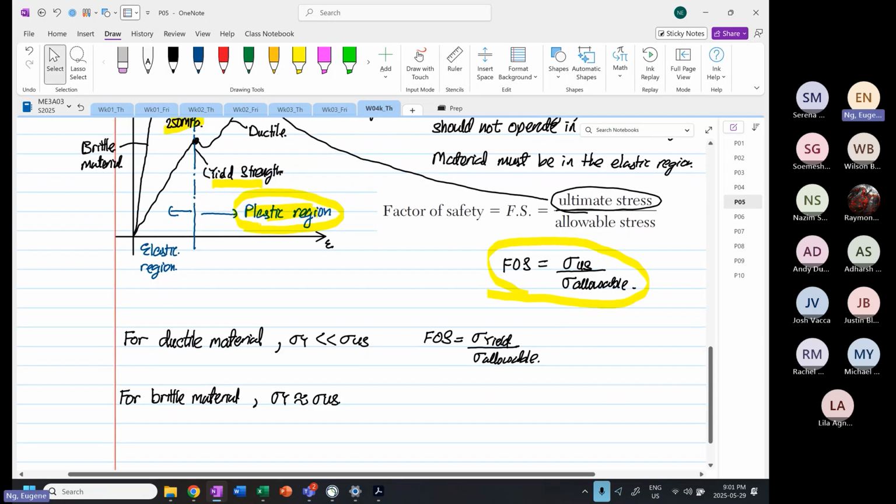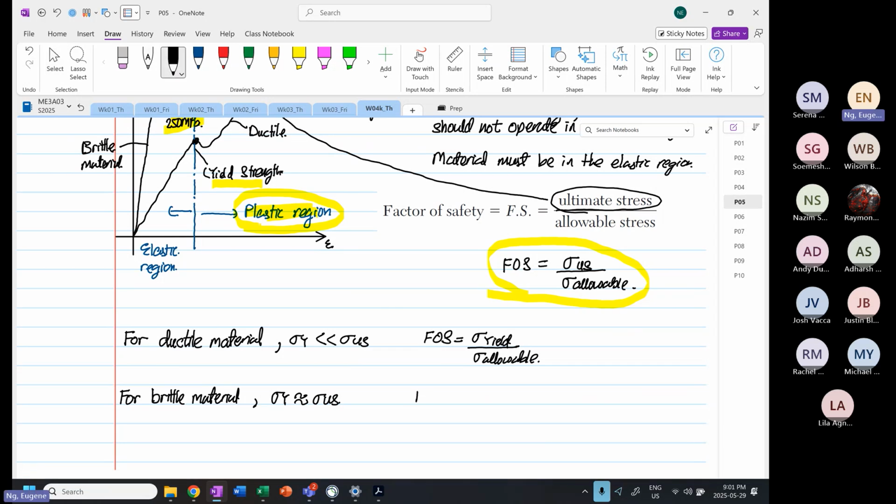Right? So when it's brittle material, the yield and the ultimate strength are about the same. So when that's the case, then you can use factor of safety equal to ultimate strength divided by stress allowable. Okay.